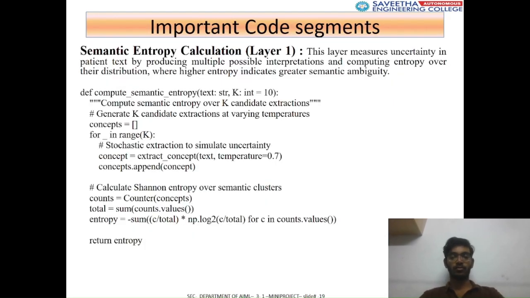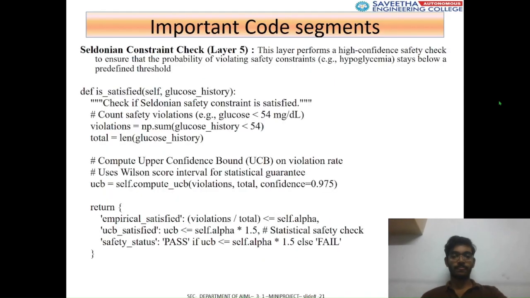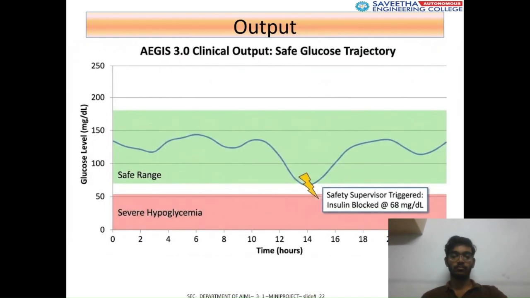These are some important code segments which we'll be looking at later in the code part. This is the first layer implementation, and this is the core update logic of layer 4, and this is the final safety constraint check, on whether to take the decision or not, whether it might harm the patient badly or not.